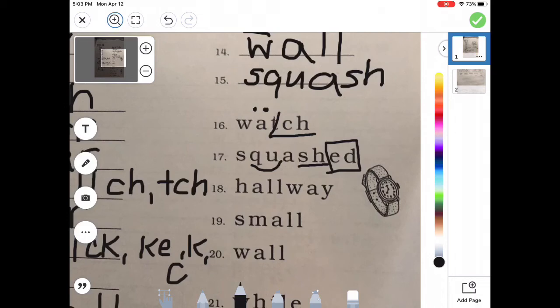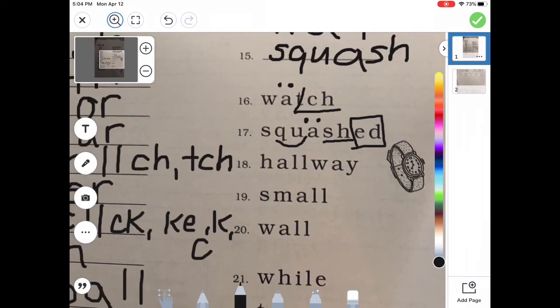So if I sound it out as just a short A, look what happens. Squash. Is that right? No, since it's behind the QU, we're going to put those 2 dots to say squash. Squash, and then add the ED, squashed. Now, do I say squashed? No, I say squashed. It makes the t sound at the end. Remember, that ED can make 3 different sounds.